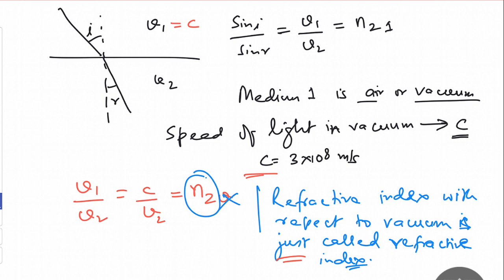The higher the refractive index, the more costly it is. And when it says refractive index of 1.65 or 1.7, it means the refractive index with respect to vacuum. We don't have to say it, but if nothing is said, it is understood that refractive index is with respect to vacuum. This is the basic idea.